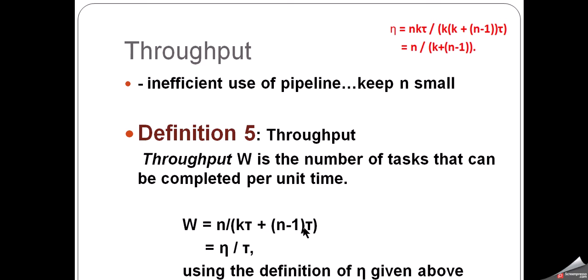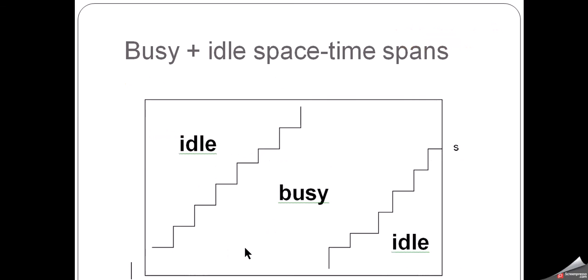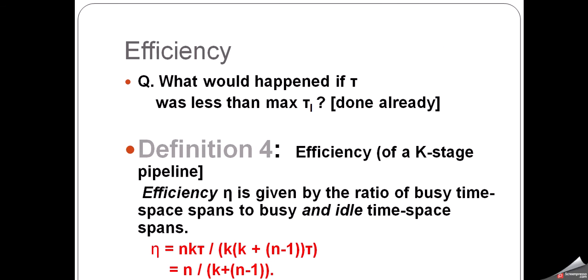This is the time it takes the pipeline to complete n tasks. And that actually simplifies to efficiency divided by tau. You can just check that, efficiency by tau.